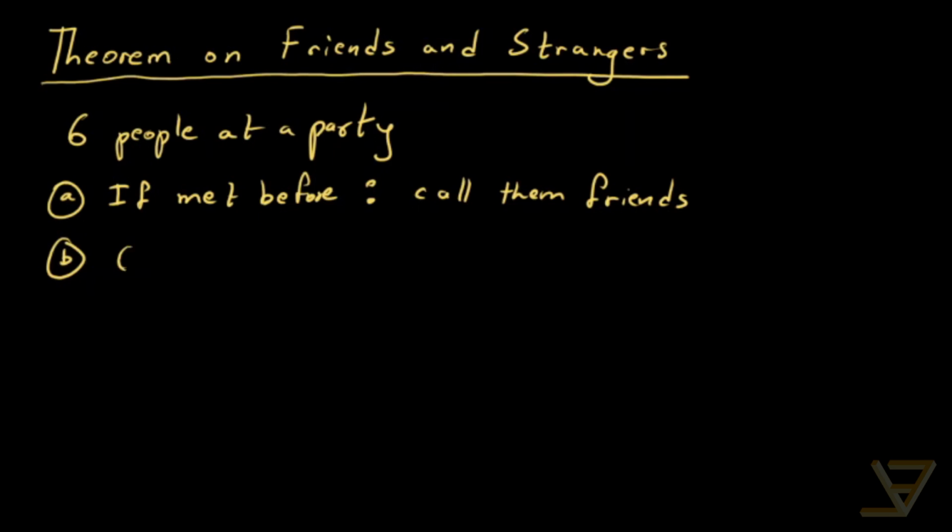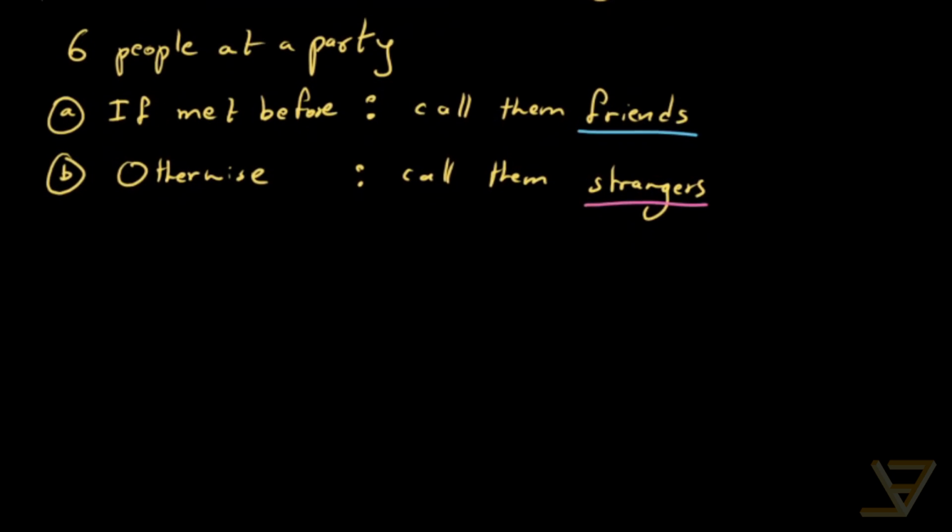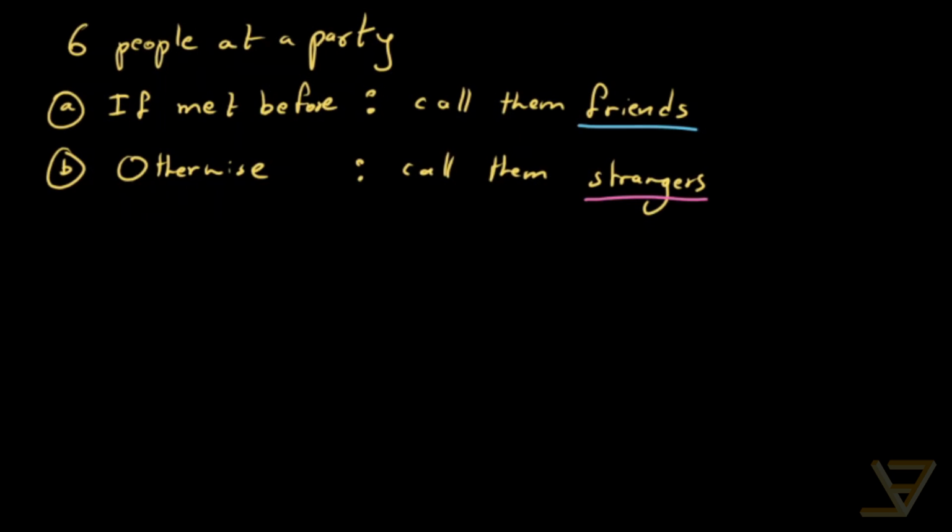And secondly, if they have not met before, call them strangers. So we're going to use the color blue for friends and the color red for strangers. And you'll see how this is graphically represented in just a moment, literally as a graph.